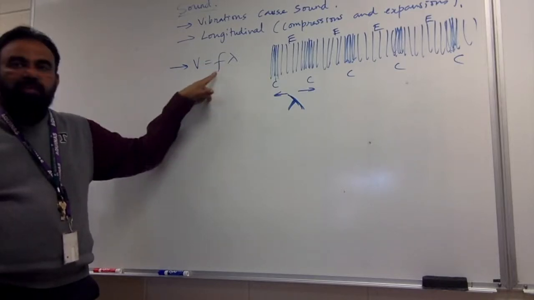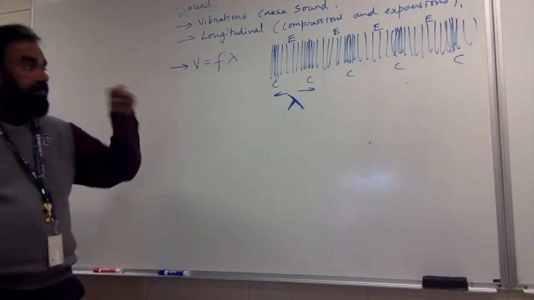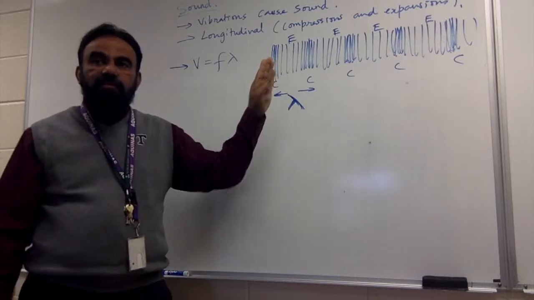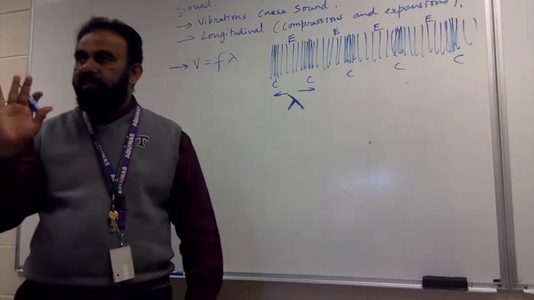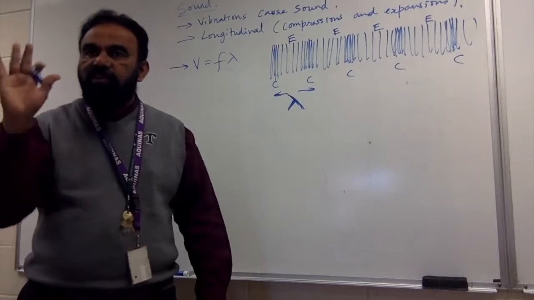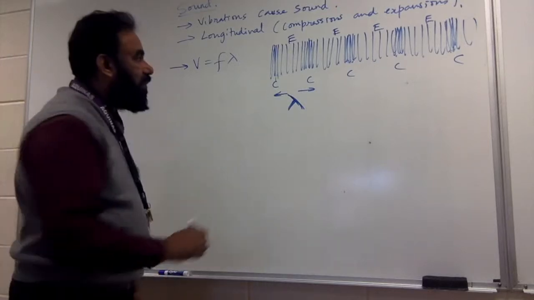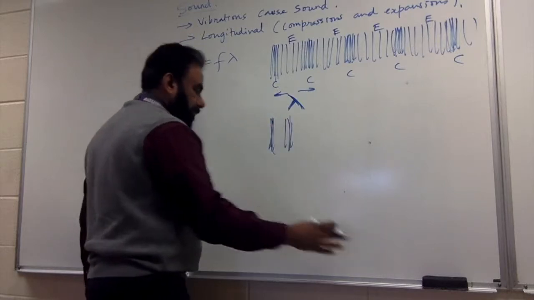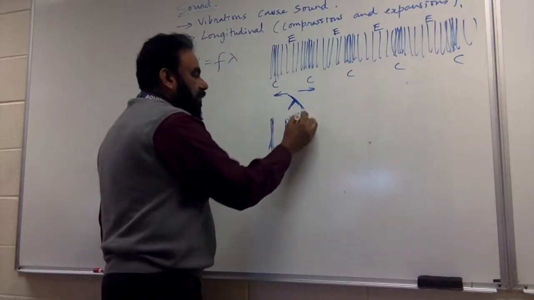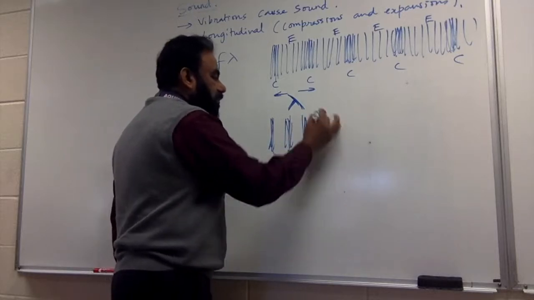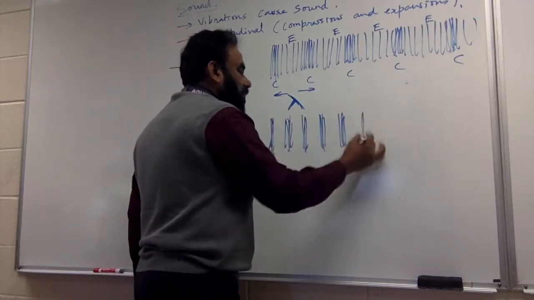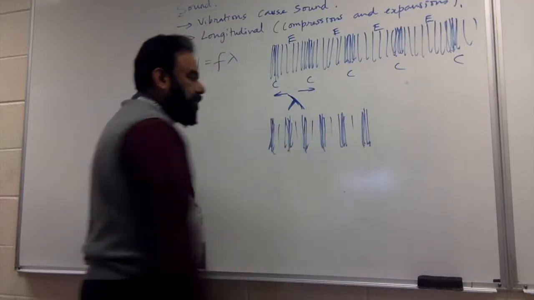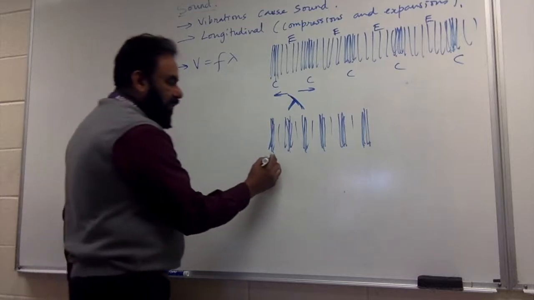Now the connection between frequency and lambda is this: if I increase the frequency, instead of pushing the air particles step by step, and push it more often, this is what's going to happen: compression, compression, compression, compression.